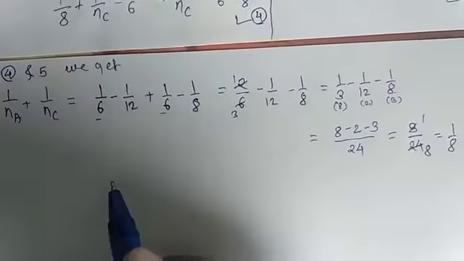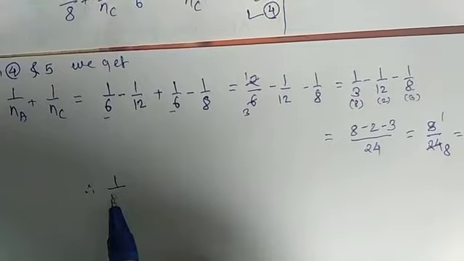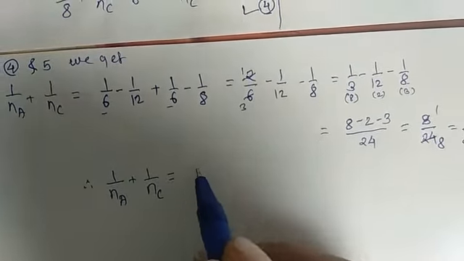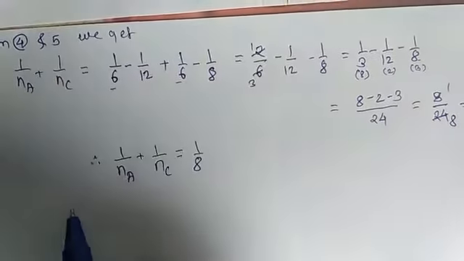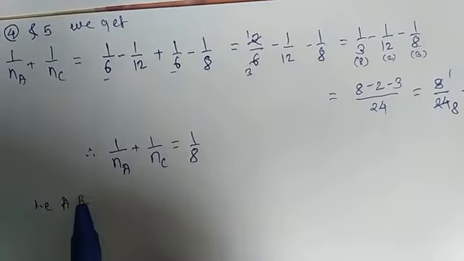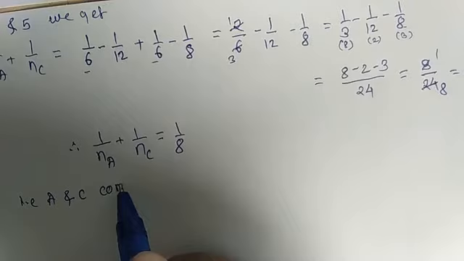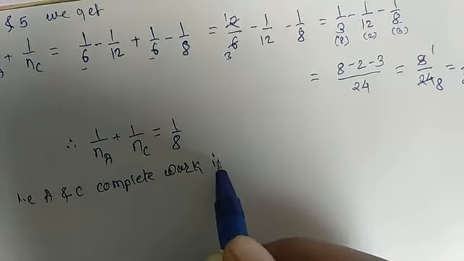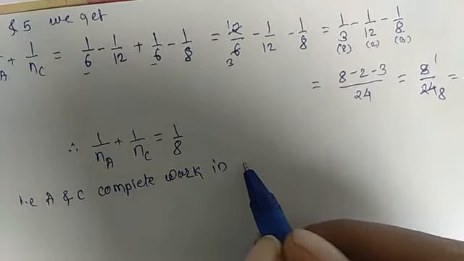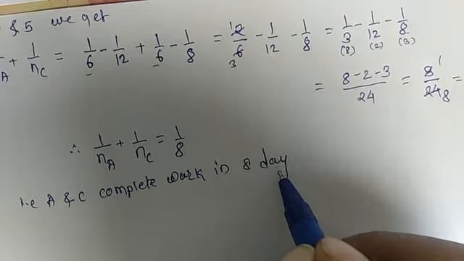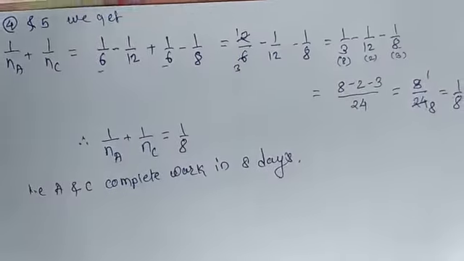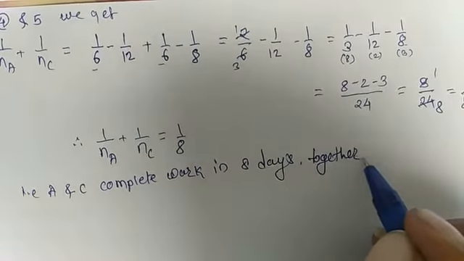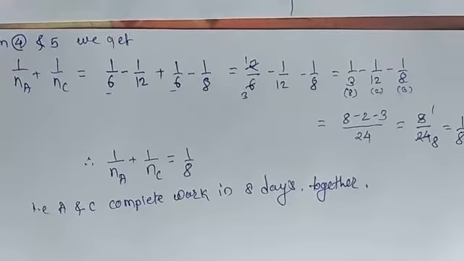So we get 1 upon n to the base A plus 1 upon n to the base C is equal to 1 upon 8. That is, A and C complete the work in 8 days together, which is our required answer.